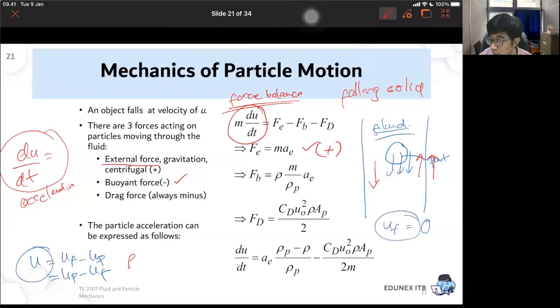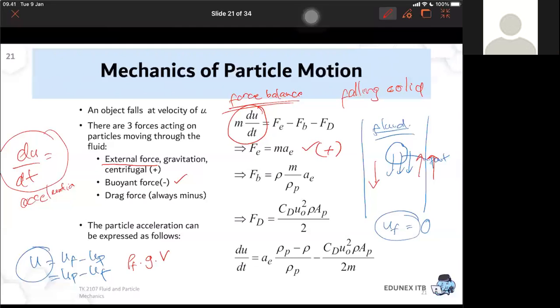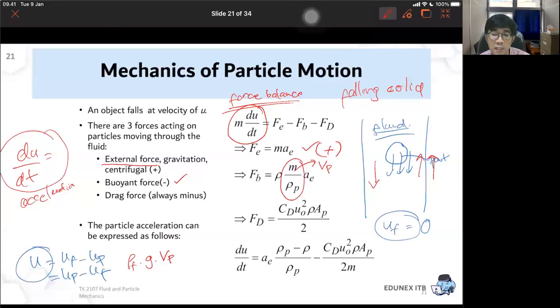Density of the fluid, rho, g, V: gravitational acceleration times the volume of the particle. Correct. Actually, the volume of the particle is the mass of the particle divided by the density of the particle.